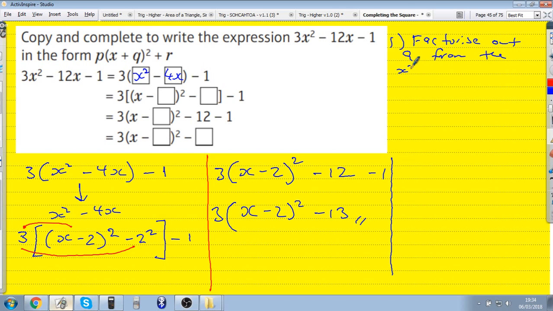That's for the x squared and x term, but that's always true. So you basically just complete the square, and I'll write it using square brackets.